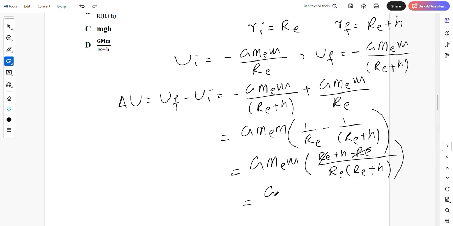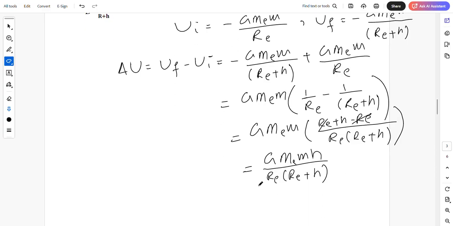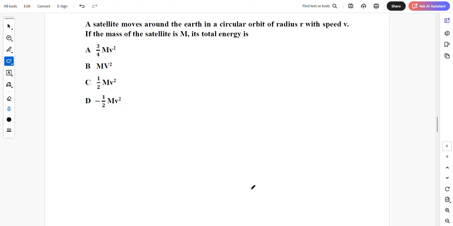You are going to get the change in potential energy equal to G Me m h divided by Re into Re plus h. Hope you understood this. This is the correct answer. Let us take the next problem.